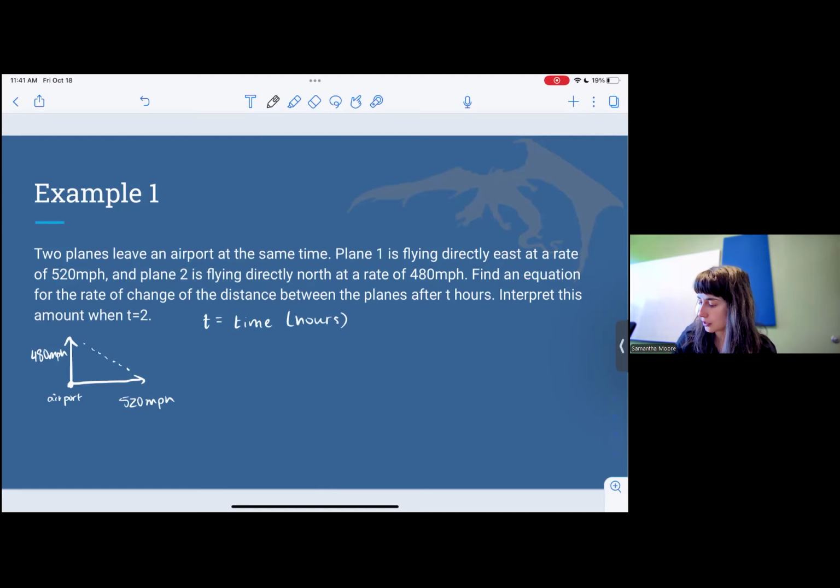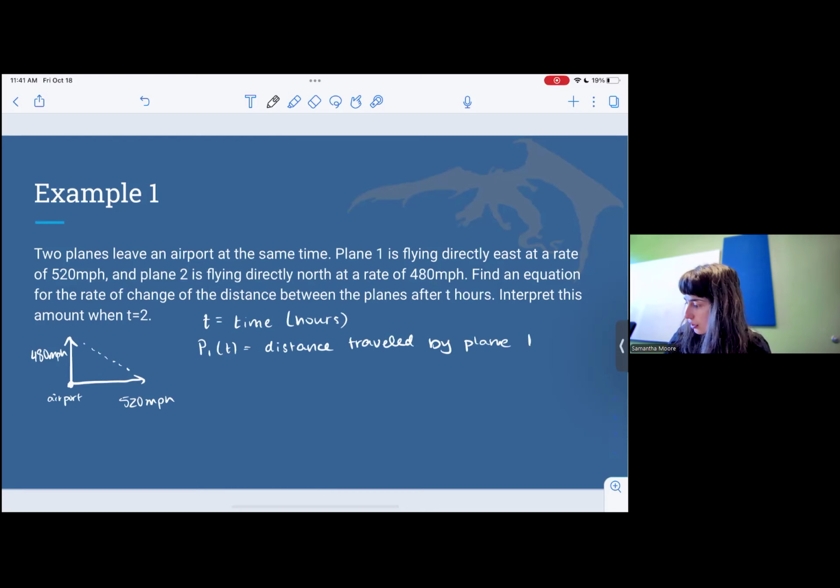Let's say P1 of t is the distance traveled by plane one by time t. Remember, plane one was going this way.